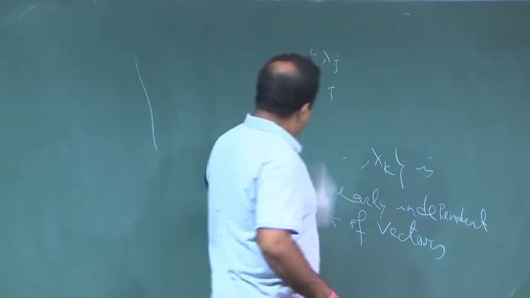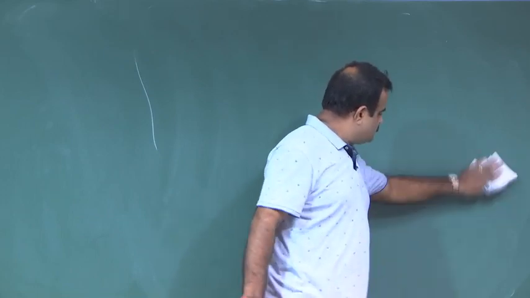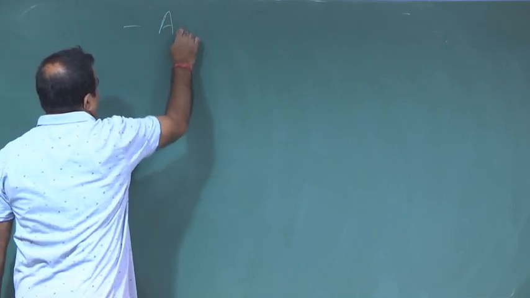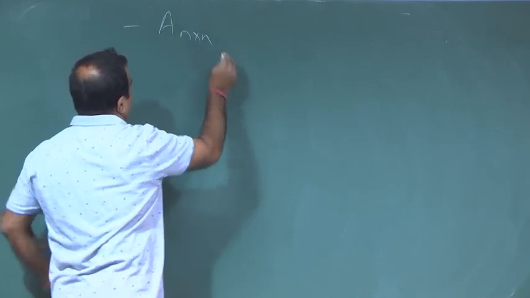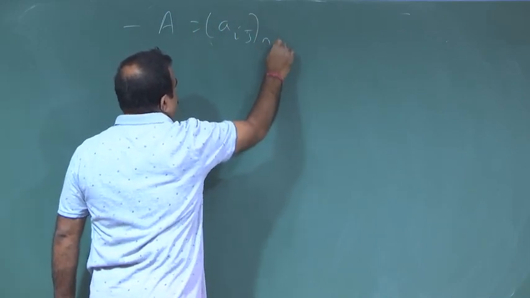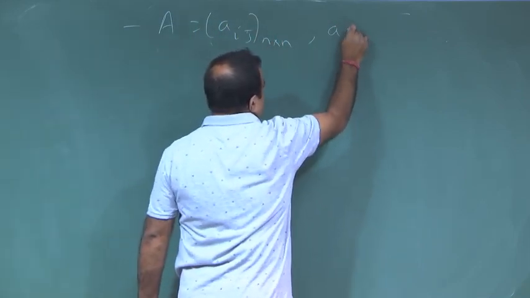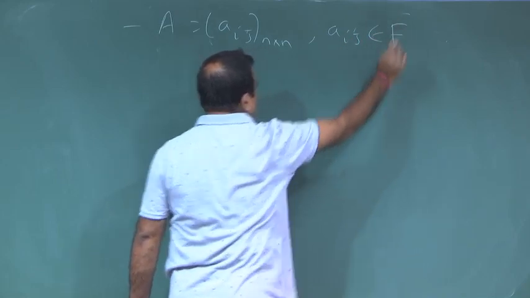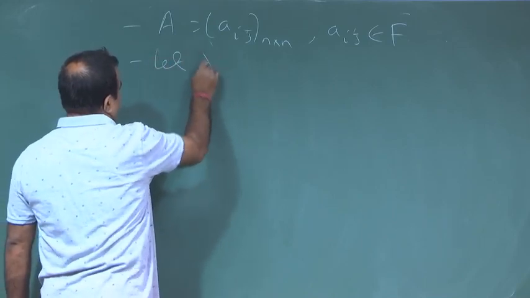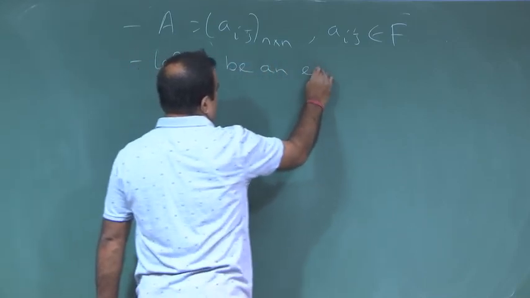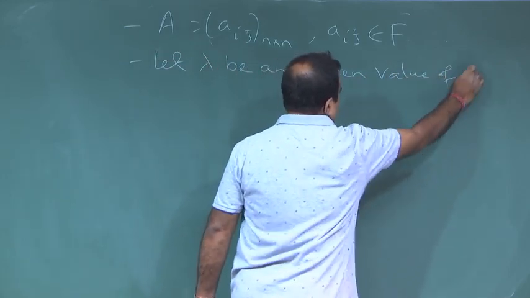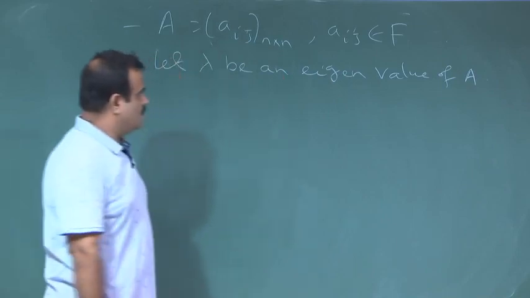So, say A is an n cross n matrix coming from the field F, and let lambda be an eigenvalue of A. Okay.